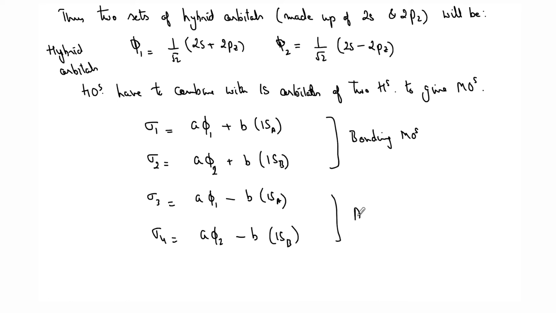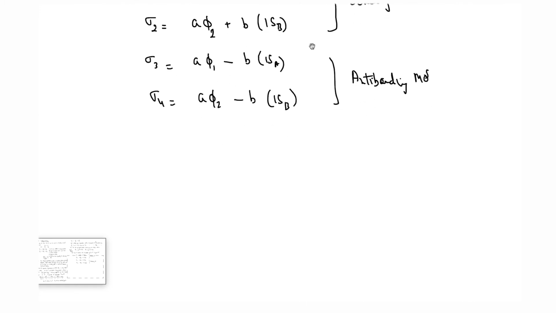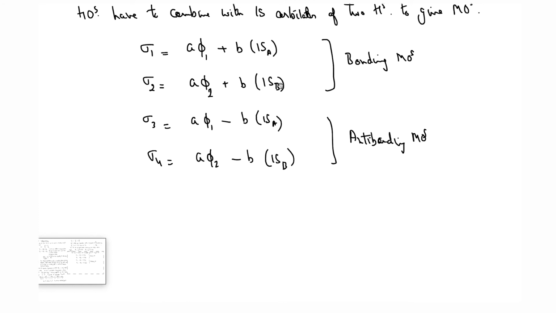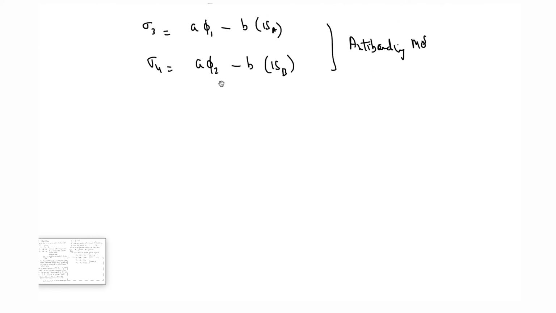And these will be anti-bonding molecular orbitals. It is still a localized molecular orbital because we are still considering the electrons which define the bond between beryllium and one hydrogen, and between beryllium and the other hydrogen. We have still not considered the delocalization part, so it is still a localized molecular orbital.